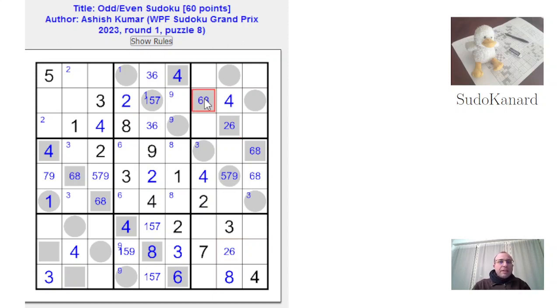And this is 6 or 8. So those are from 1, 5, 7, 9. Well, let's do some semi-heavy pencil marking. Not so heavy, really not that much.